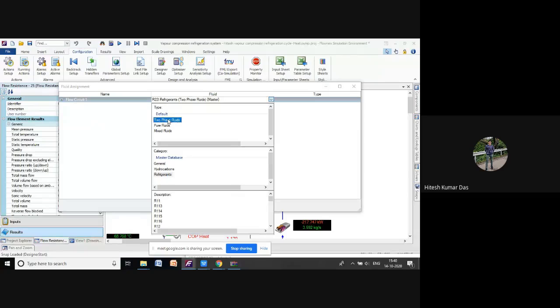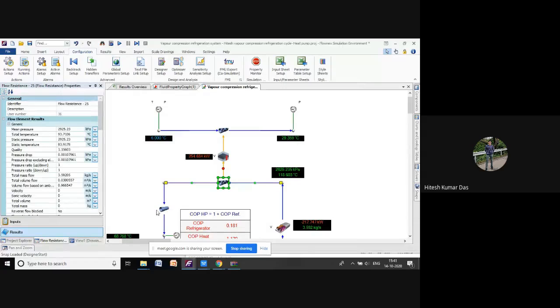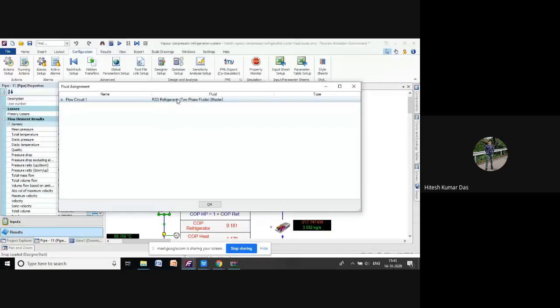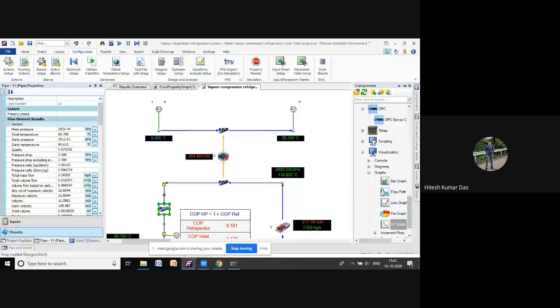You can see two-phase flow, refrigerant, then R22. R22 we have selected. After that, you can click on OK. So everywhere that same R22 fluid will be assigned. This fluid is already there in the master database. I'll show you.